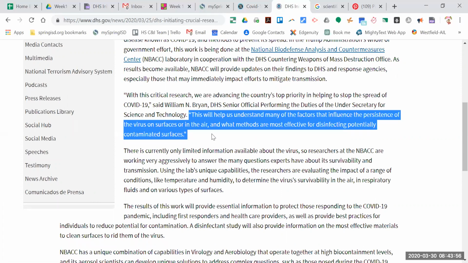It's in the second paragraph, and it says, this will help us understand many of the factors that influence the persistence of the virus on surfaces or in the air. Because if you remember, originally the virus was spread by direct contact, so person to person. Now it's being spread through the air, which they're calling the community spread. And then what methods are most effective for disinfecting potentially contaminated surfaces?